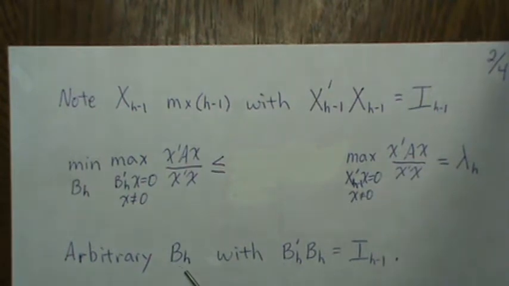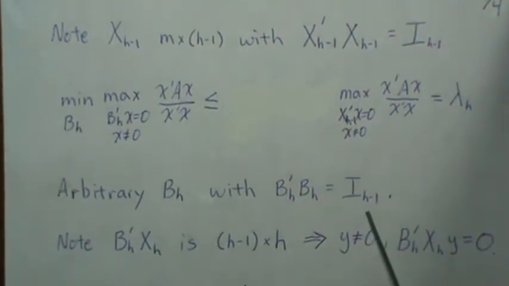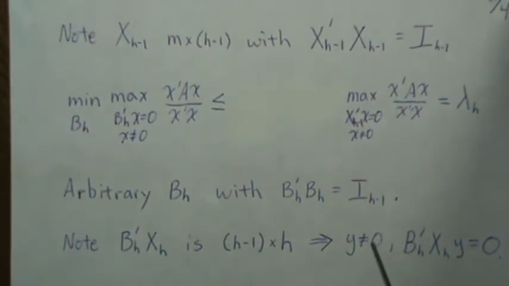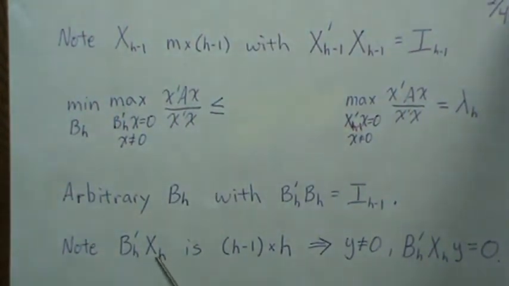So now let's pick an arbitrary B_h, which is part of the theorem requirement. With this B_h, it produces an identity matrix with X_{h-1}. So now let's note that if we take B_h prime times X_h, this matrix is h minus 1 by h.